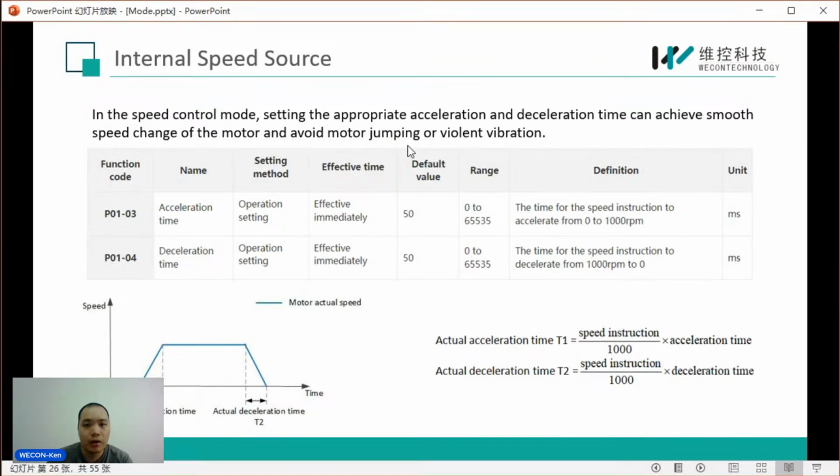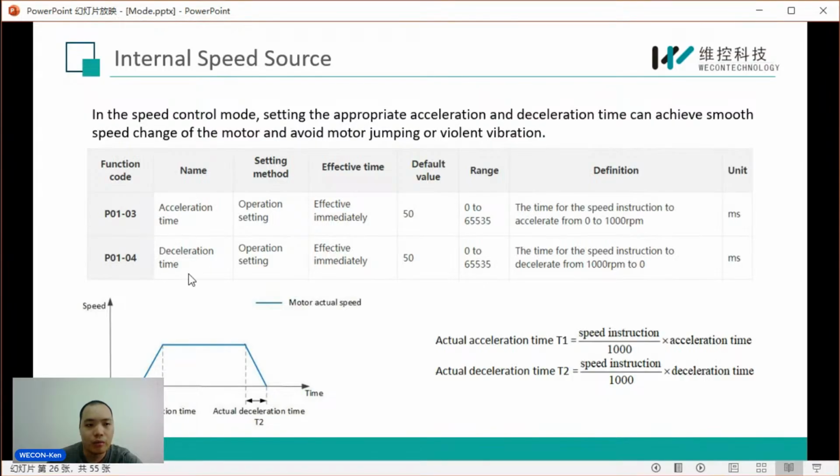And here is about the acceleration and deceleration of the velocity. We use these two parameters to set them. But be careful, the parameters don't mean the time for the motor to reach the target speed, but the time for the motor to reach 1000 RPM from 0.